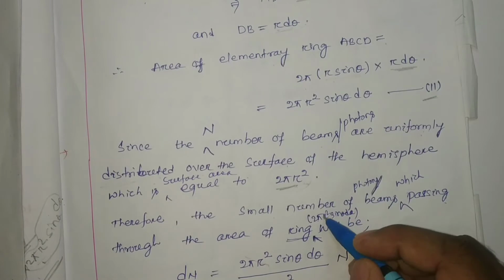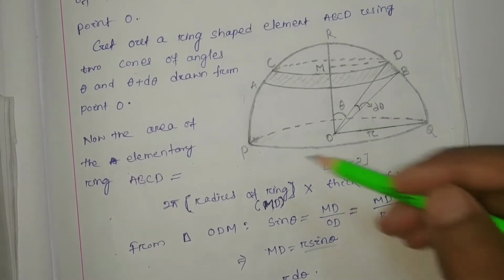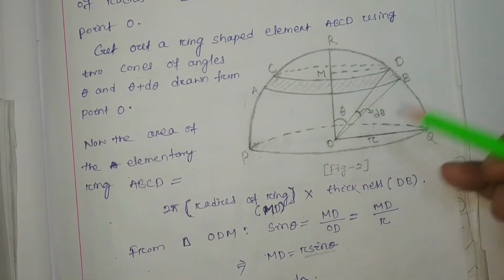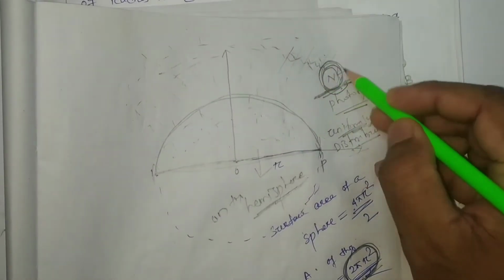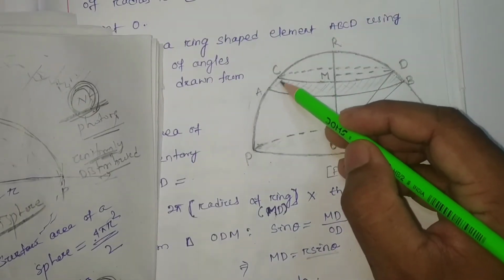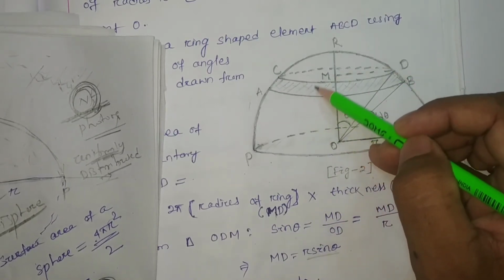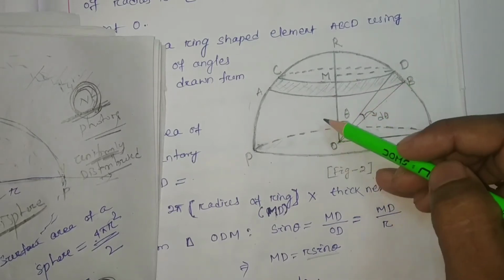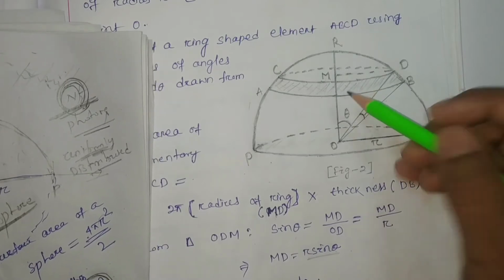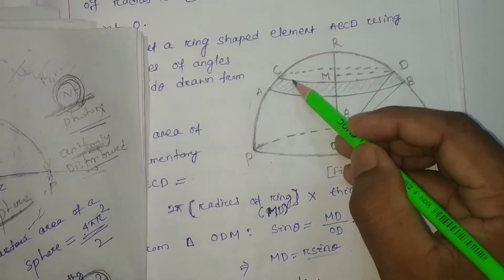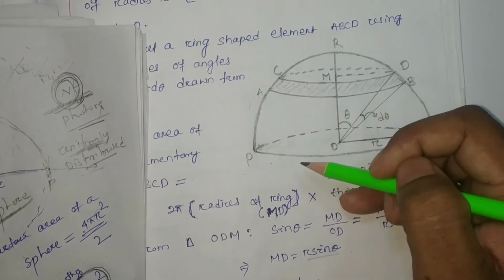Through the total hemisphere, the number of particles or beams passing through is N. If we consider only this much area, the area of this ring, how many beams or photons are going to pass through this area? That we are going to calculate.